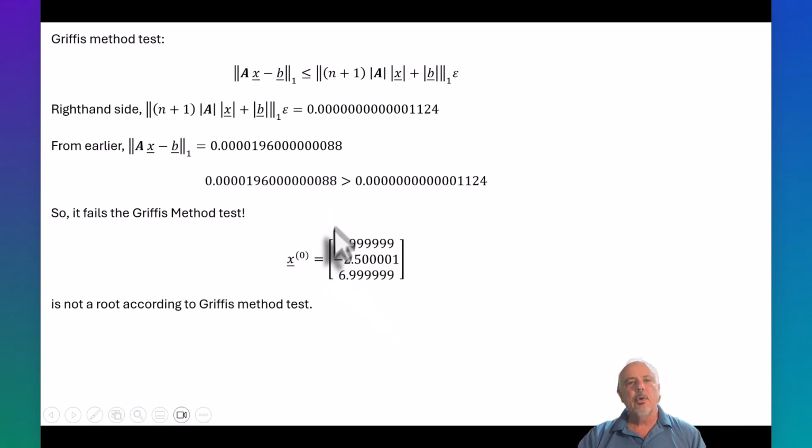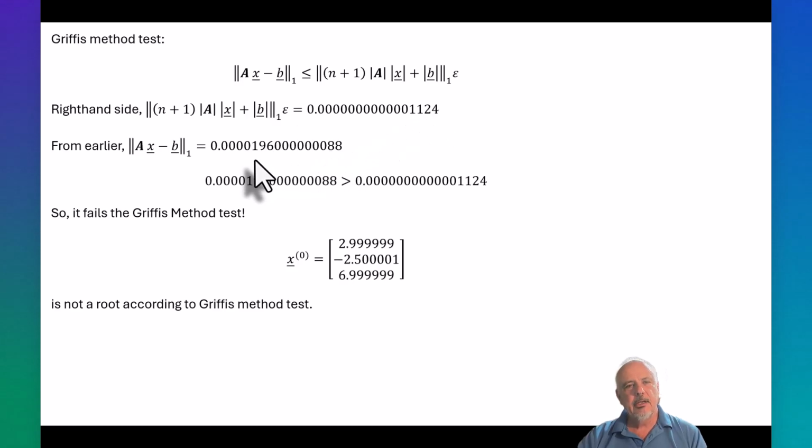Okay, so now the question is, remember that my error, the left-hand side, is rather big in comparison to the Griffiths error bound. So I'm going to just kind of take a look at this a minute. Remember the Griffiths error bound, I've got the 1124 way over here.